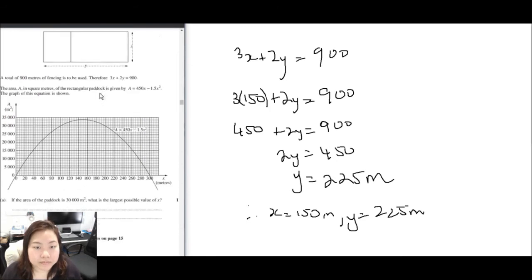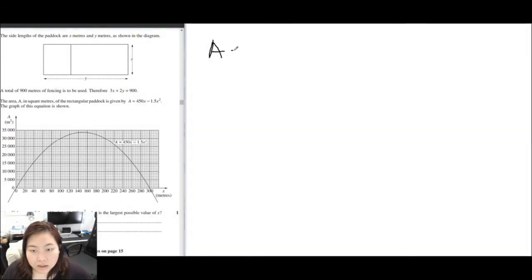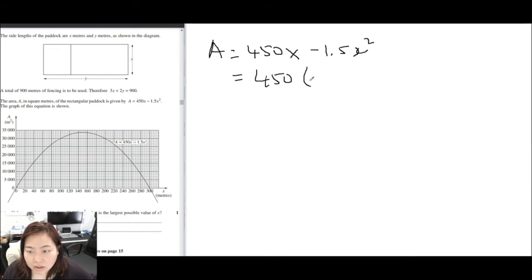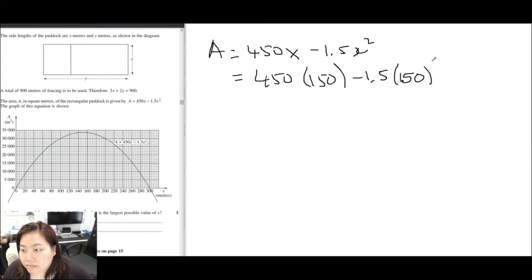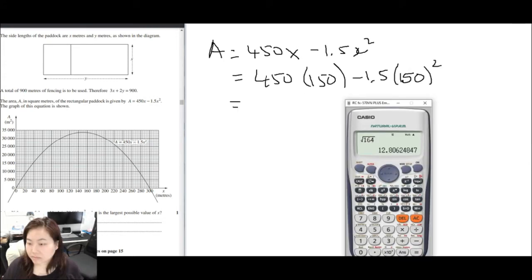Okay, here we go. A is equal to 450x minus 1.5x squared. 450. We didn't even need the y. Ugh. We just needed the x. Oops, there's no point there. 450 times 150 minus 1.5 times 150 squared. 33.